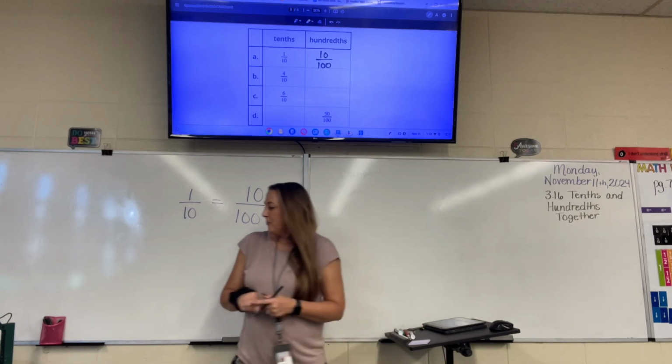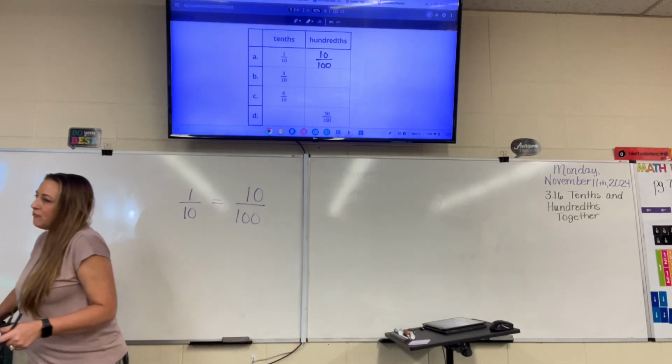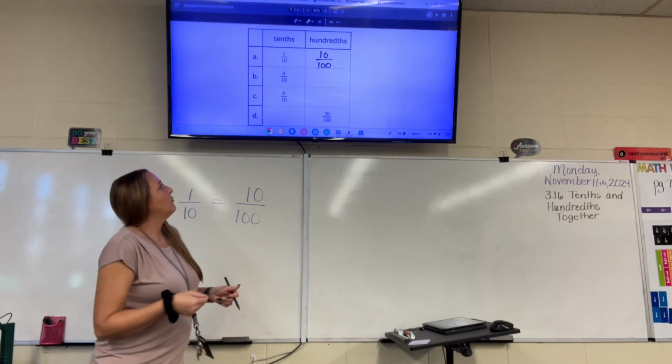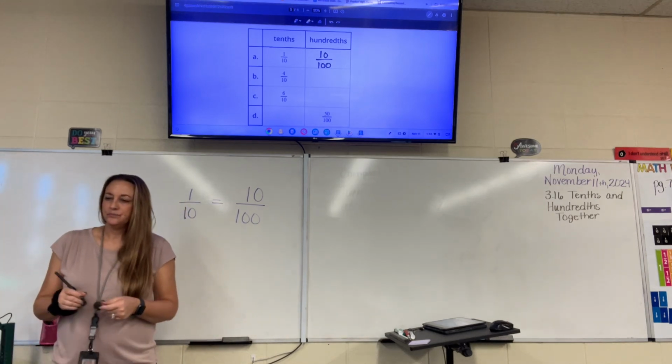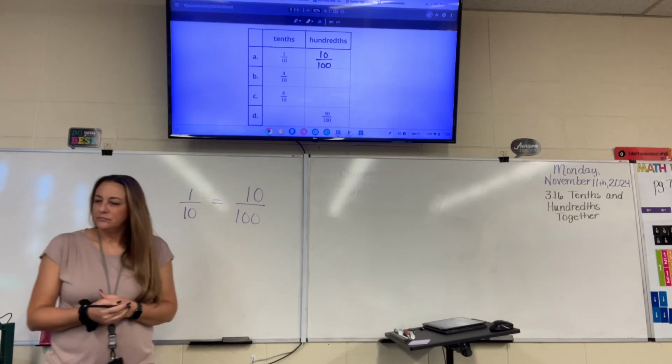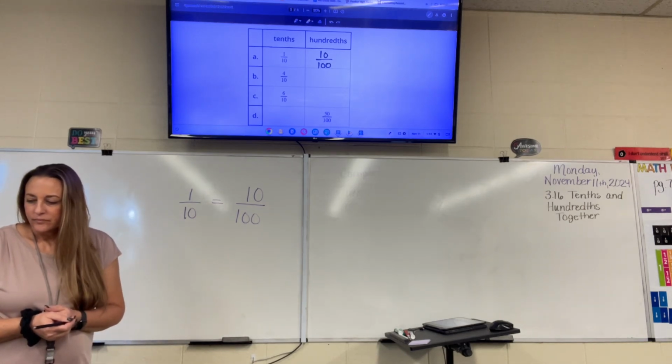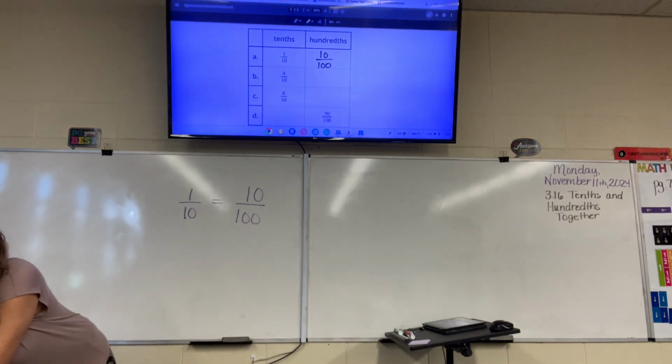Okay. For B, we have 4/10. Olivia, what would that be equal to in hundredths? Say it out loud. Okay, what is the difference between this and this? This one has an extra 0, right? So given that, you added an extra 0 to make it 100 on the bottom.